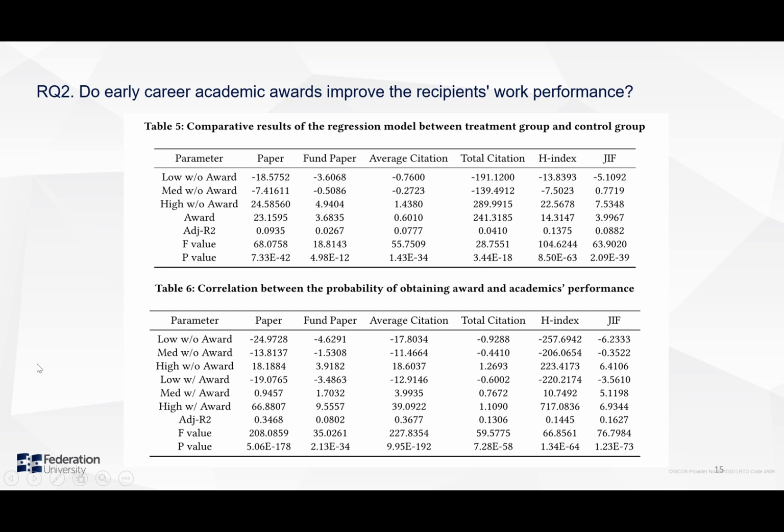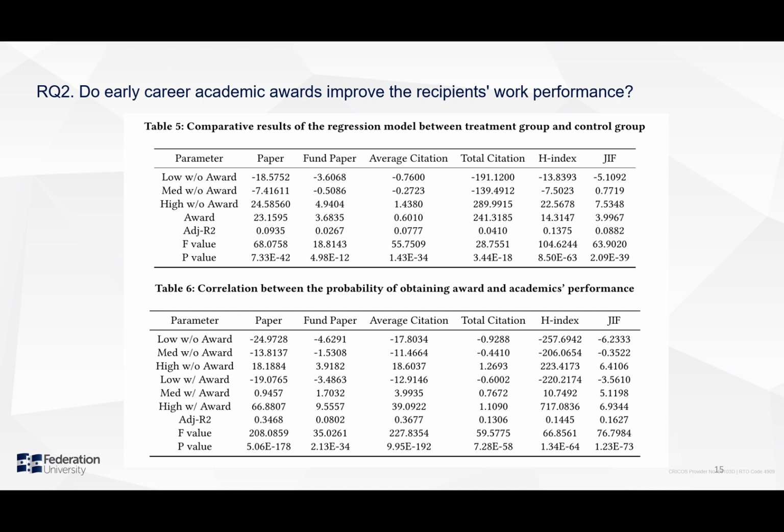The second question is whether high probability academics in the treatment group have higher scholarly influence than the low probability. We can see from this table that for the treatment group, the coefficient of high probability academics is obviously higher than that of medium and low probability academics.